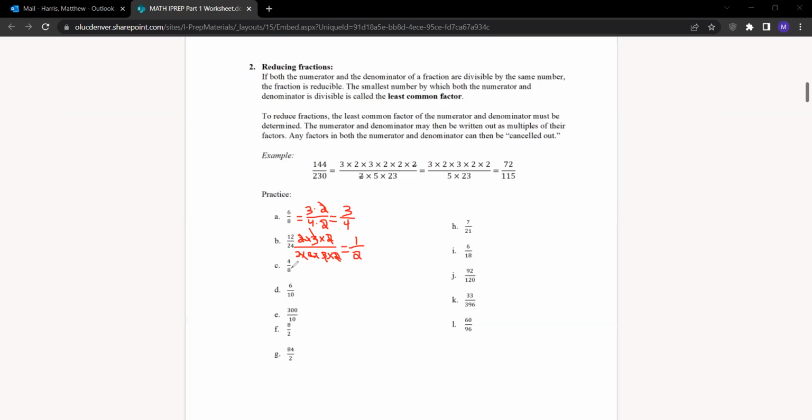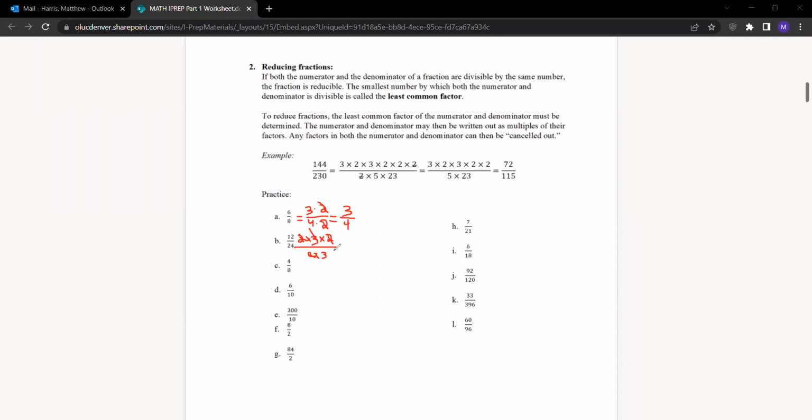Cool. Next we have 4 over 8. Again, we're going to have 2 times 2 over 2 times 2 times 2. Once again, we see these cancel out, and we get 1/2. Let's go ahead and erase some of this to give us some more room. So we have 6 over 10.